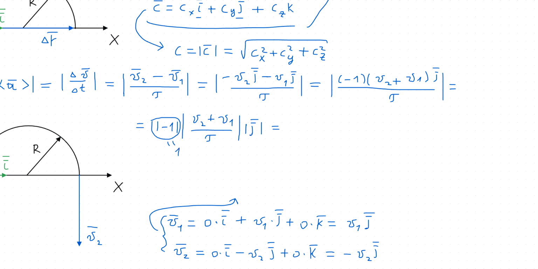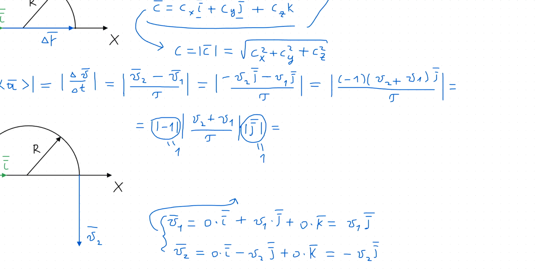Okay. And what about this? It also gives us direction information. So it means one. Yes, because the length of a unit vector is always one.